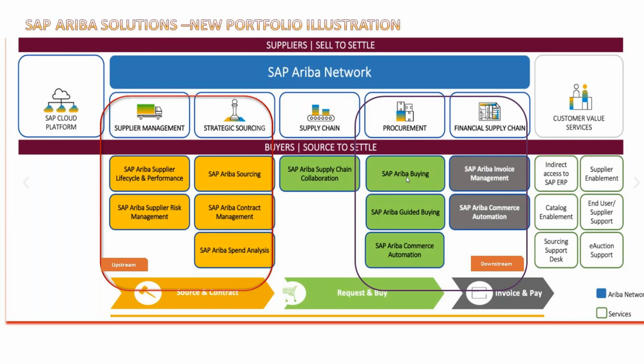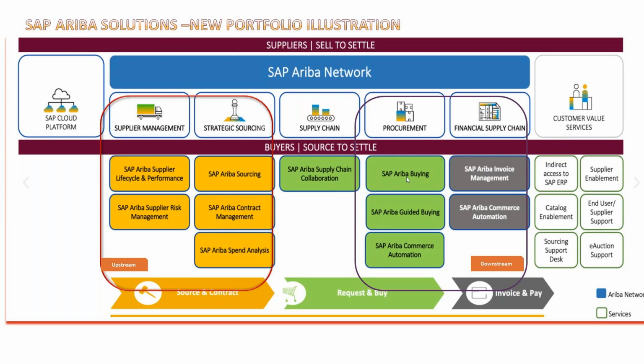So there are two scenarios. If your Ariba buying is integrated with the ERP system, then once the PO is created in Ariba, it will sync with your S4 HANA system, and in S4 HANA, the PO number will be generated automatically based on the integration. The PO number created in S4 HANA will replicate back to the Ariba system, and that ERP PO number will be sent to the supplier.